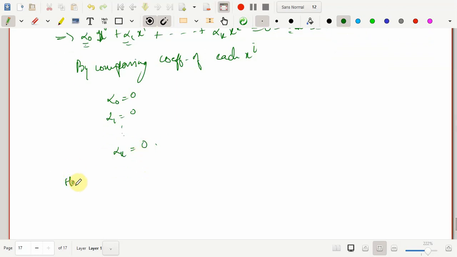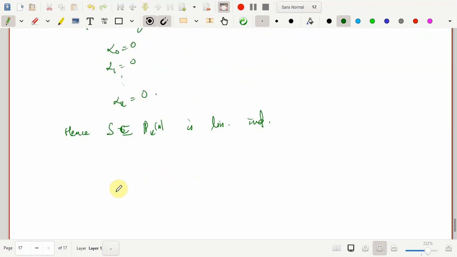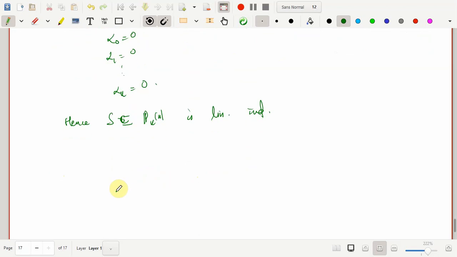Hence I say that the set S of Pk of x is linearly independent. Well, we can have many more examples. I would advise you to go through the textbook and see some more examples.